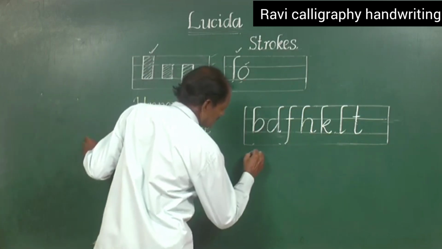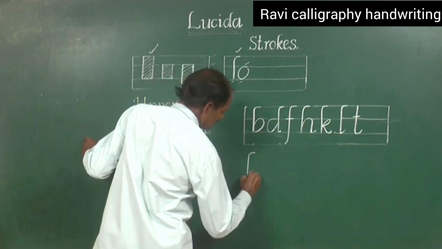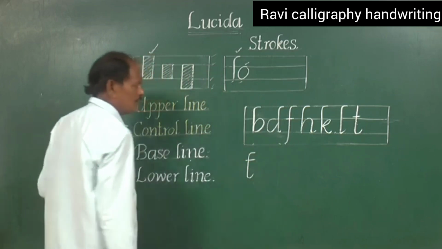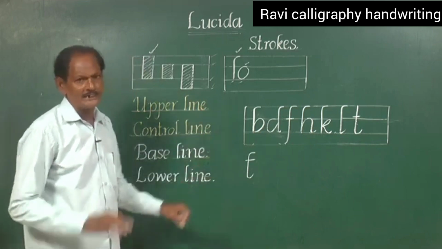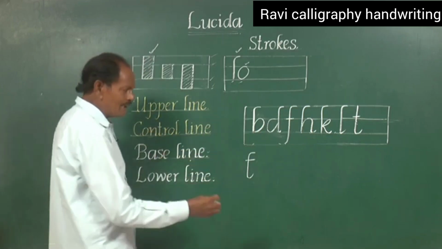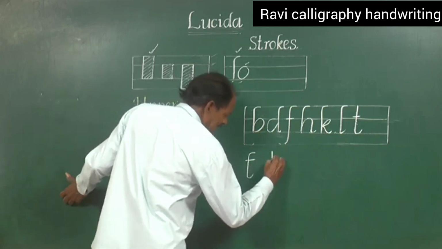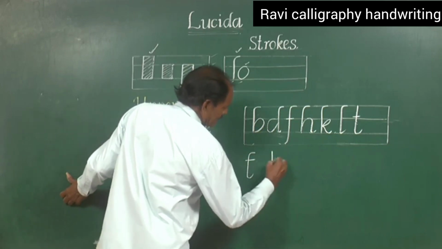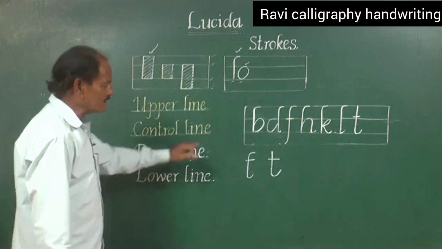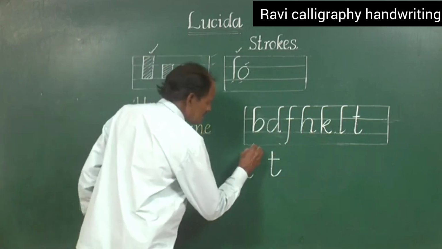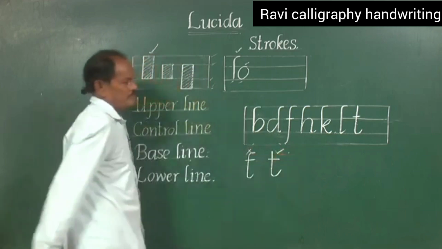And T, somebody used to write T in this way, as I told you earlier. T doesn't take any slant towards the right side at the top of the letter. It is only the straight line up to the base line and a curve to the right side and a hyphen at the top. So write T in this way, not in this way, but in this way.